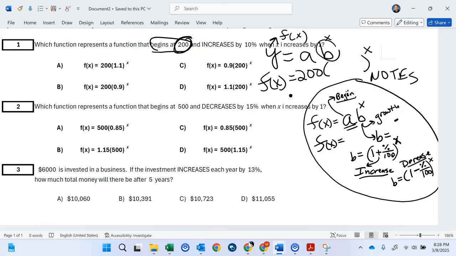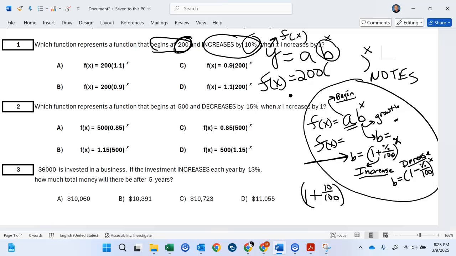Now remember, we want to get b. This is an increase by 10%, so we're going to use this one right here. Our b in this case is going to be equal to 1 plus 10, the 10% divided by 100.